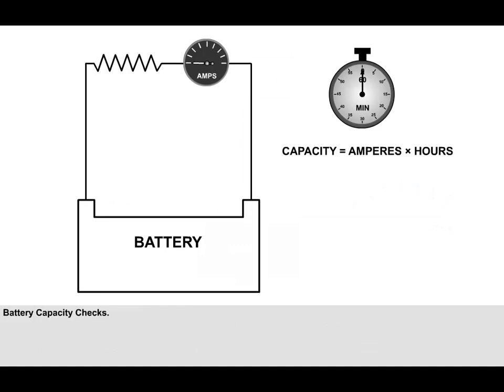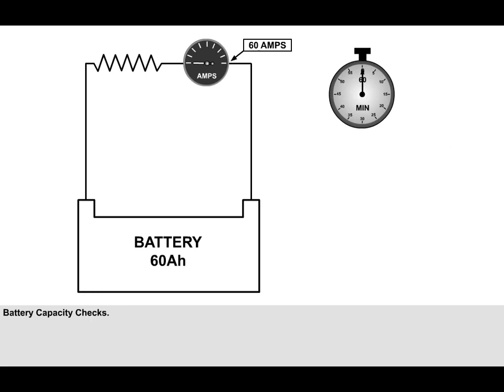As we have already said, the capacity of a battery is the product of the load in amperes that the manufacturers state it will deliver and the time in hours that the battery is capable of supplying that load. The capacity is measured in ampere hours. Actual capacity is determined by the battery's deterioration in service.